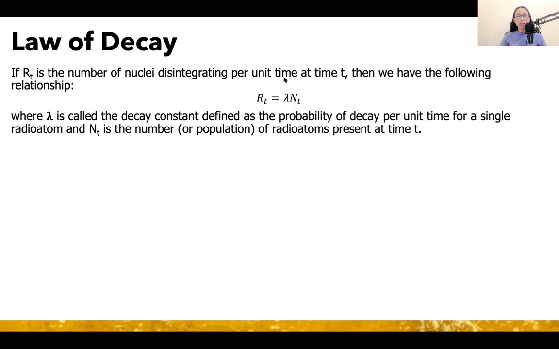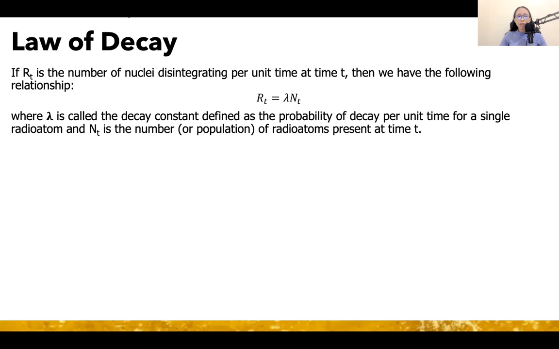R sub t equals lambda times N sub t. Now, lambda is what we call the decay constant, and this is defined as the probability of decay per unit time for a single radioatom. And N sub t is the number or population of radioatoms present at the defined time t.